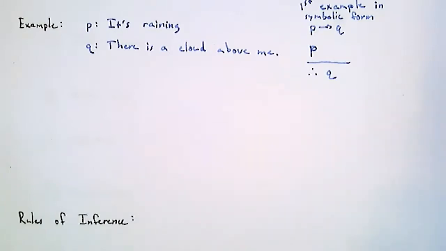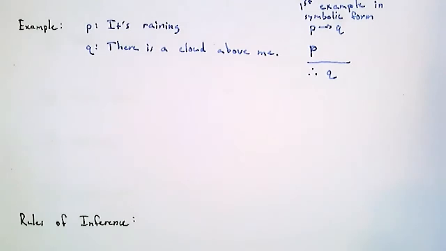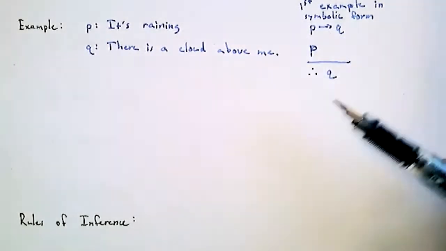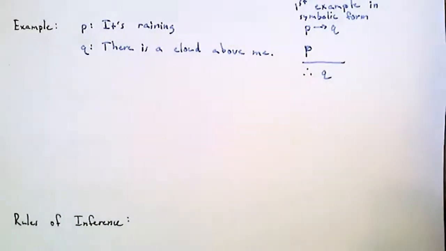And we're going to see in just a second how this relates back to truth tables. In fact, right now, we're going to do that. So what I want to do is determine if this argument is valid.